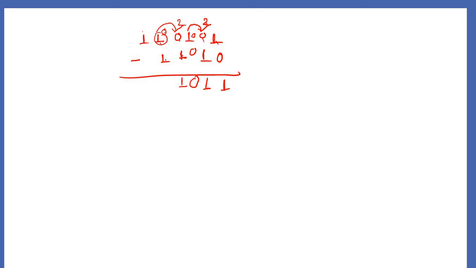So 0 minus 1, again we have to take borrow 1 from the next left column, and this one will be converted into 2 in this column. So 2 minus 1, it will be 1, and since we have taken already this 1 from this column, it is converted into 0. Therefore we will write nothing here. Therefore after subtraction we are getting the value 11011.